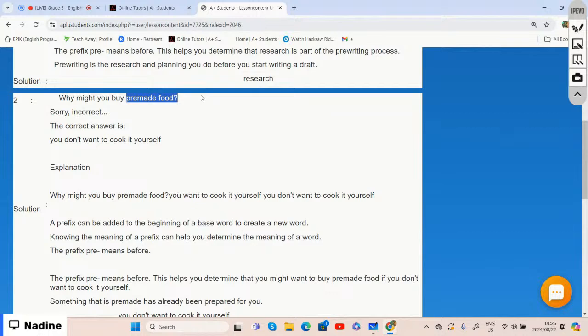What is pre-made food? All right. So why might you buy pre-made food?